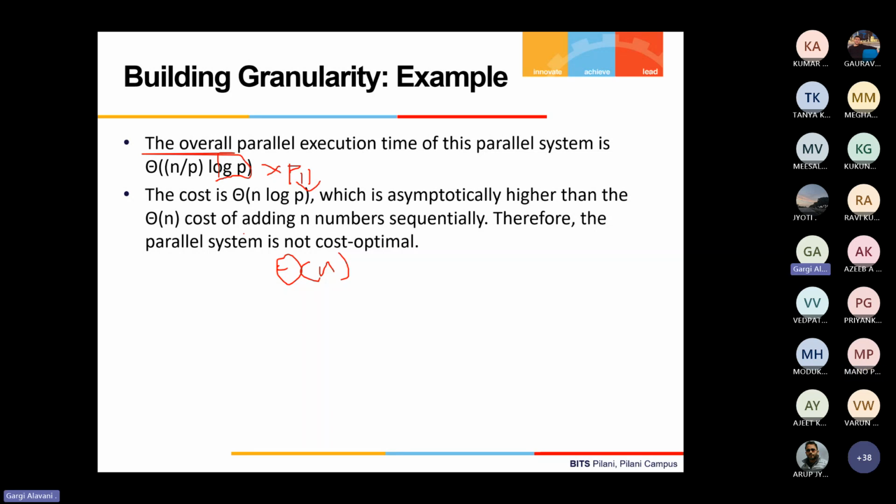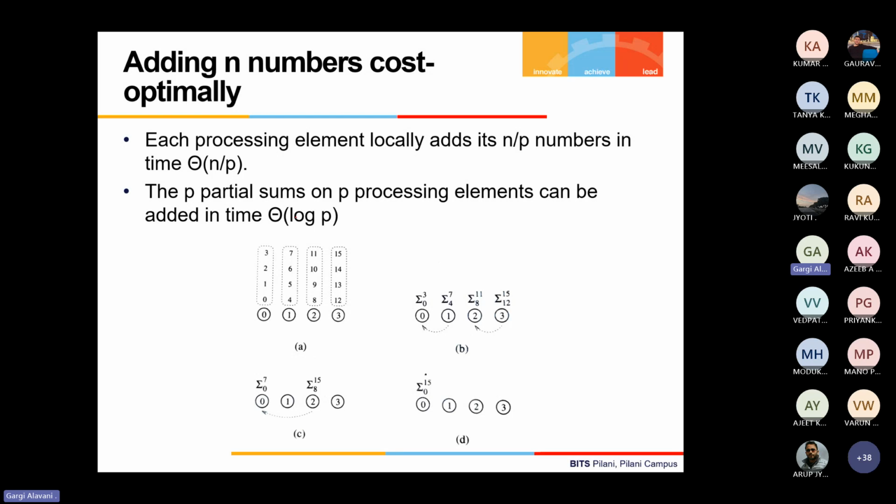If we develop a solution which again divides the elements amongst each processor, now each processor is supposed to do the summation of all the elements it has in the first step. Okay.